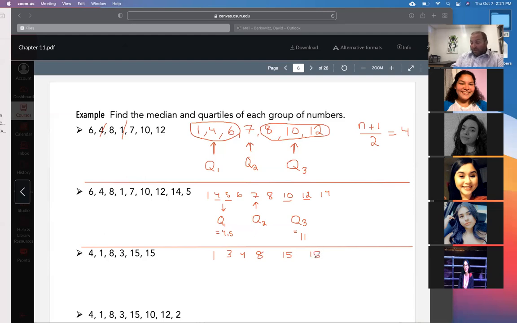How many data points is that? 6. So we add 1, divide by 2. What do we get? 3.5. Which means, what is the median? What is Q2 for this example?